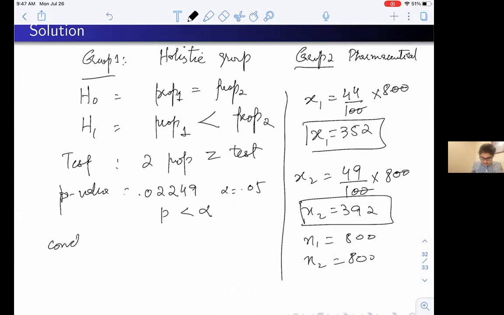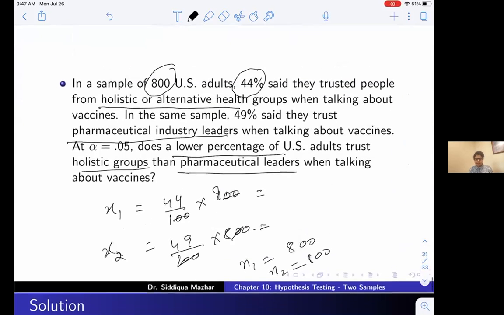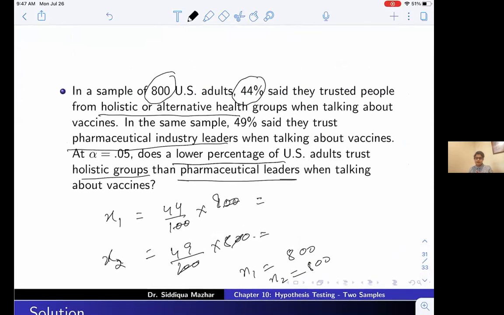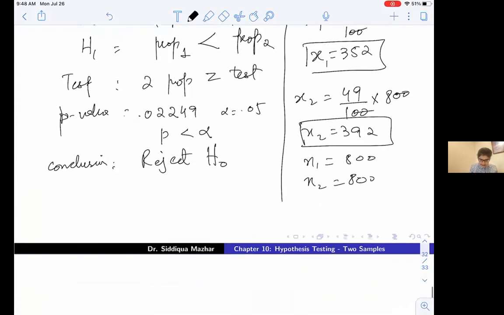So the conclusion is that we are rejecting the null hypothesis. So it means alternatively, we are going to accept our claim, which is the alternating hypothesis, that the proportion of US adults who trust holistic groups is less than the proportion of US adults who trust pharmaceutical leaders. So this is how you have to write it down.